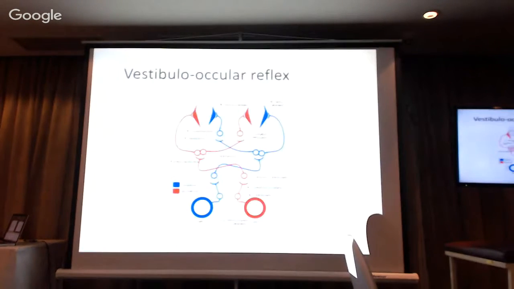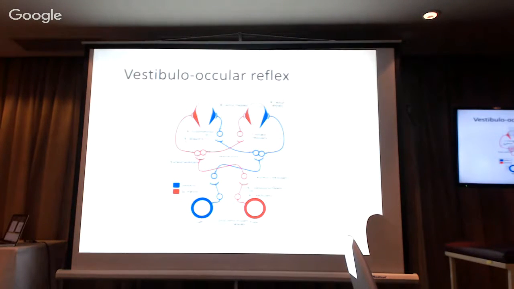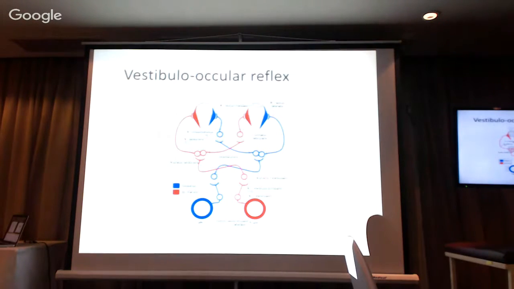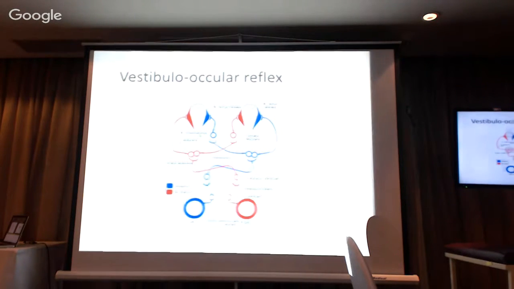So you know about the vestibulo-ocular reflex. Lasha has nicely illustrated the pathway involving the vestibulo-ocular reflex. When you turn your head towards one side, the eyes will turn to the opposite side. That's a normal reflex.